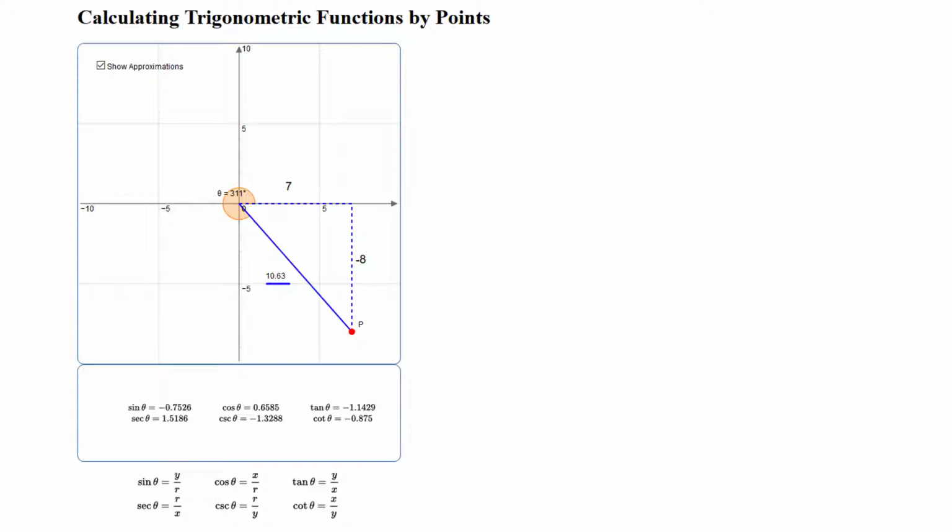And if you are looking for tangent, perhaps, so if this is my angle, opposite over adjacent would be -8 over 7. Well, if you get your calculator out and do -8 divided by 7, you should get this number right here, -1.1429. So it's now giving you approximations rather than exact answers.